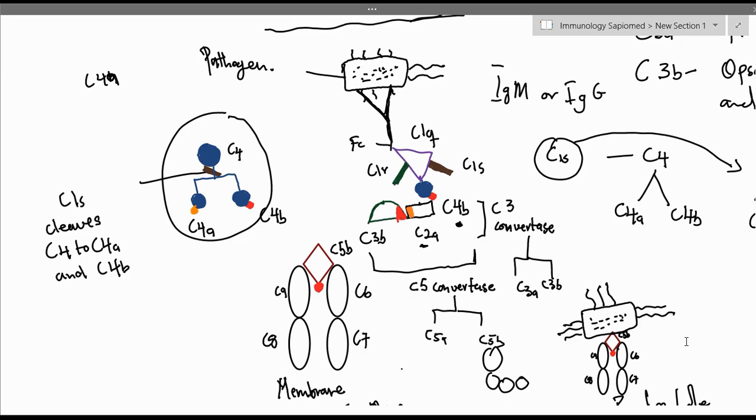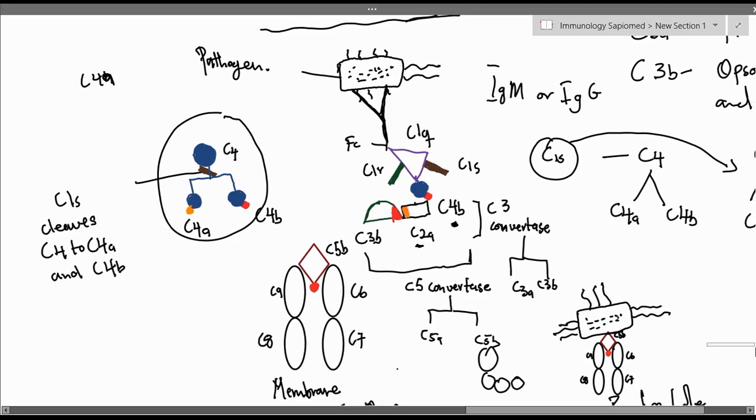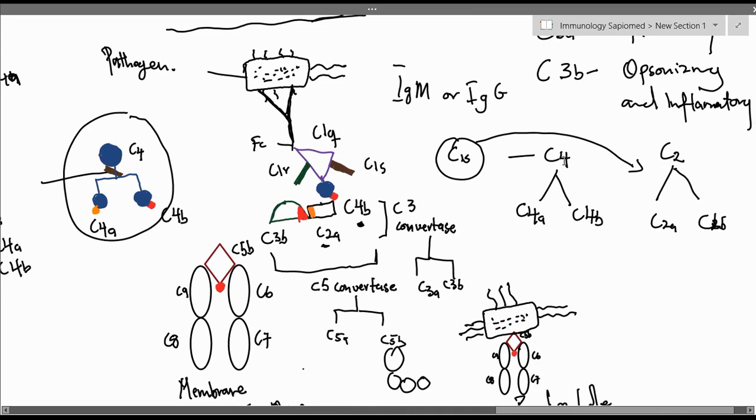The C1S is responsible for cleaving other complement proteins, especially C4 and then C2. So it cleaves C4 into what? C4A and then C4B, and it cleaves C2 into C2A and then C2B. Good.